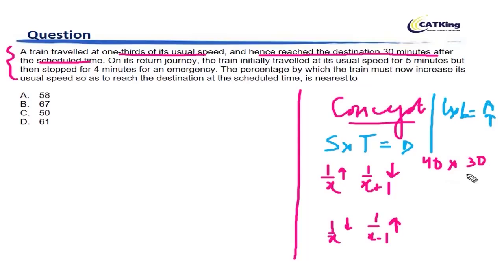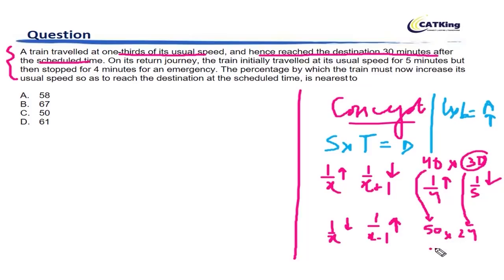If I increase the speed by 1 by 4, the time will reduce by 1 by 5. 1/4 of 40 is 10, so this becomes 50, and the time reduces by 1/5. 1/5 of 30 is 6, so this becomes 24. You can see that the product still remains a constant. The product here is 1200, and the product earlier was also the distance, 1200. I hope this is clear to you.